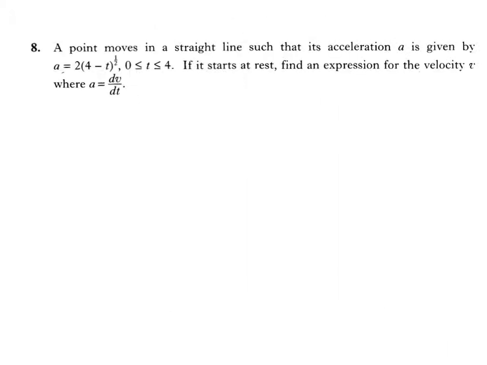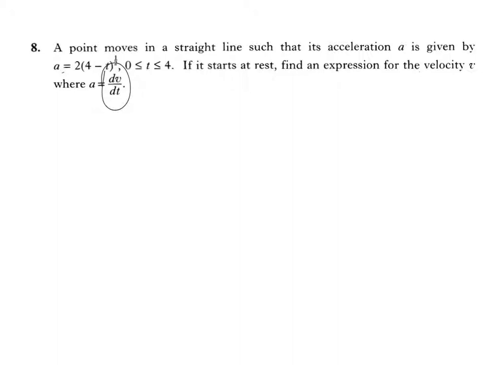Section 11, question 8. A point moves in a straight line such that its acceleration is given by a equals 2 bracket 4 minus t to the power 1/2. If it starts at rest, find an expression for the velocity where a equals dv by dt. Well, dv by dt is the result of differentiating the velocity to get the acceleration.